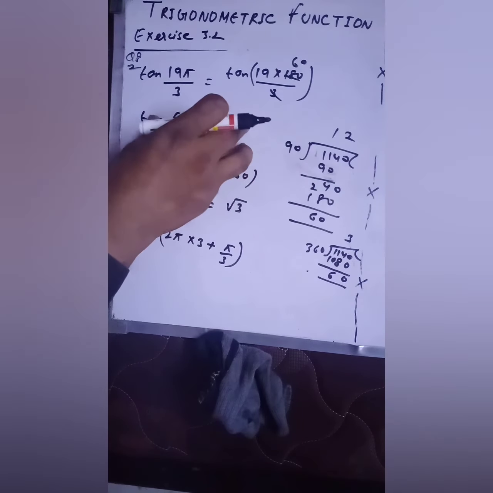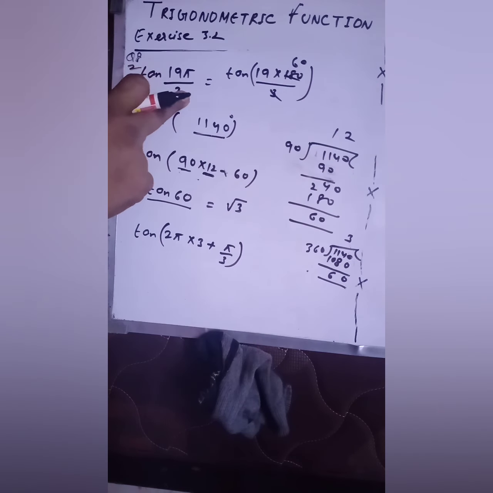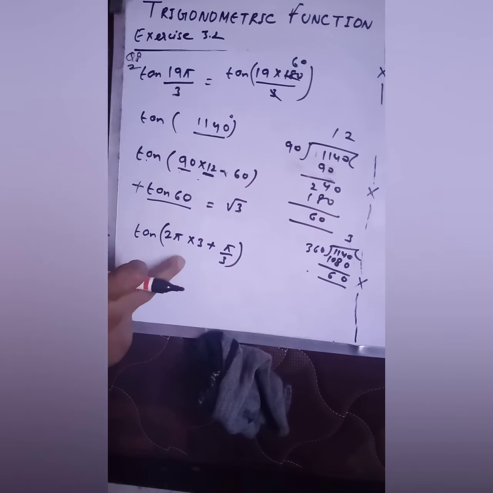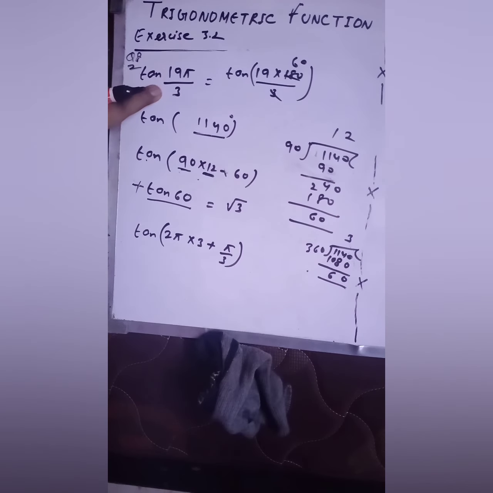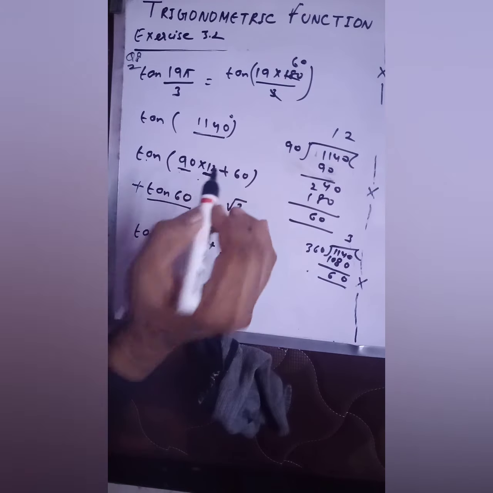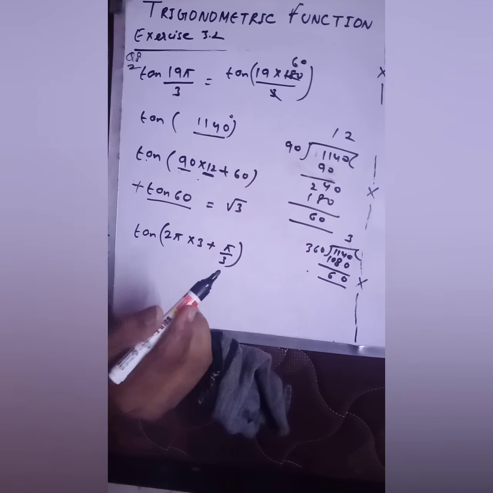These two steps no need to solve, no need to show. If you want the answer only in form of pi, then after this step you have to write this step. This is your rough work. But if you want to convert this into degree form, then you have to show, as I have shown in the first method.